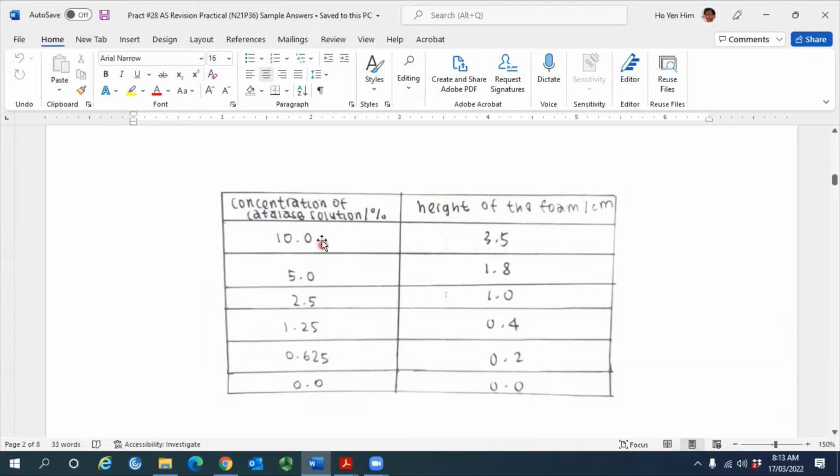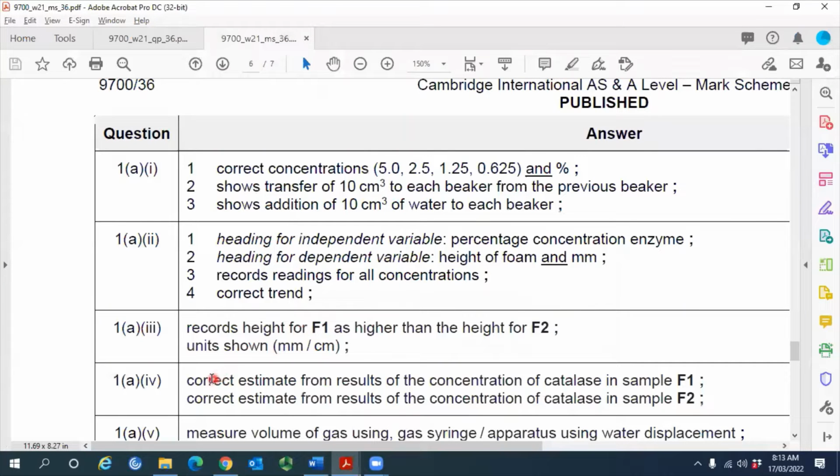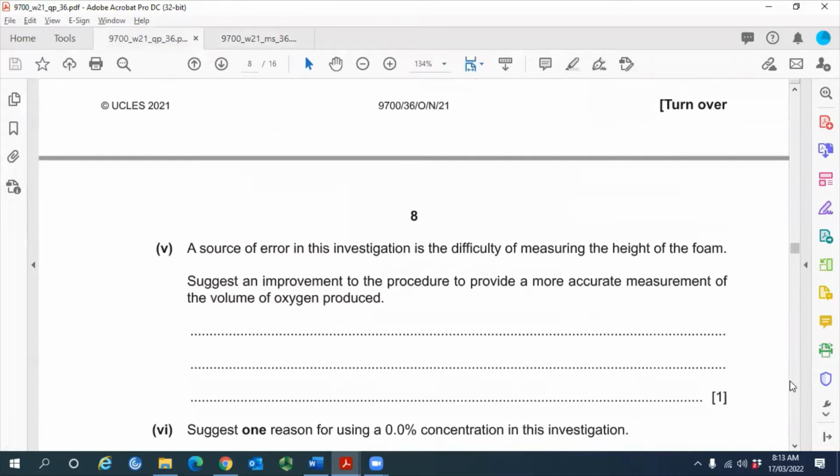So you cannot write in between, you must match with any of these concentrations that's already here. Whichever is closest, you choose that one. So that's 2 marks, all right? Correct estimation of catalase, 2 marks. Now, next question, 1A part 5.